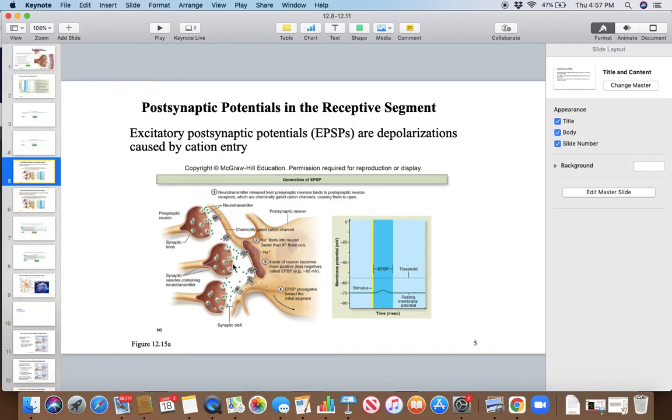Sodium then would enter the cell because of diffusion. Positive ions going in makes the cell more positive. However, these EPSPs, they're a type of graded potential. They're not very big and they don't last very long, as opposed to action potentials, which are very big and can travel very far, all the way down an axon.